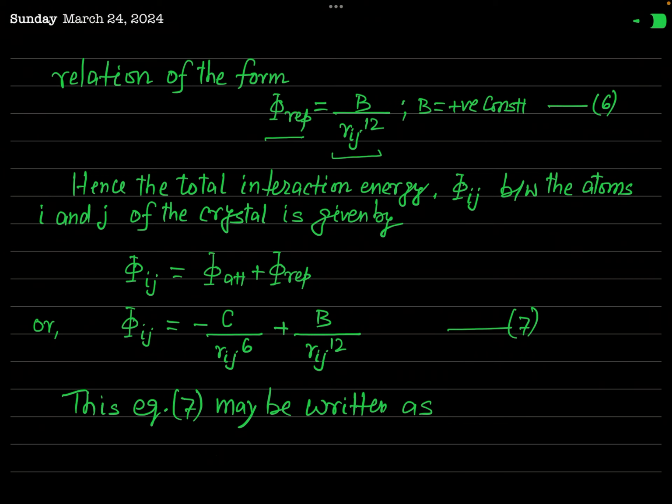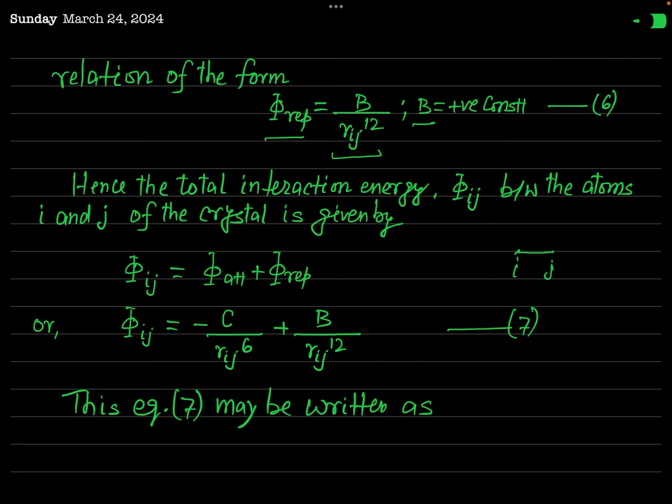And here Rij has a power 12, so it is a very, very short range interaction. It is even more short range than the van der Waals interaction. Okay. And B here is a positive constant. Here the repulsive exponent is 12 in this case. So remember it.